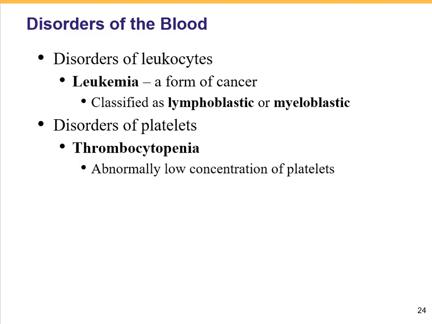Thrombocytopenia can be caused by different factors, including decreased platelet production in the bone marrow and increased destruction of platelets in the blood. Symptoms of thrombocytopenia may include excessive bleeding from minor injuries, nosebleeds, and petechiae, which are small red or purple spots on the skin, or bleeding gums.